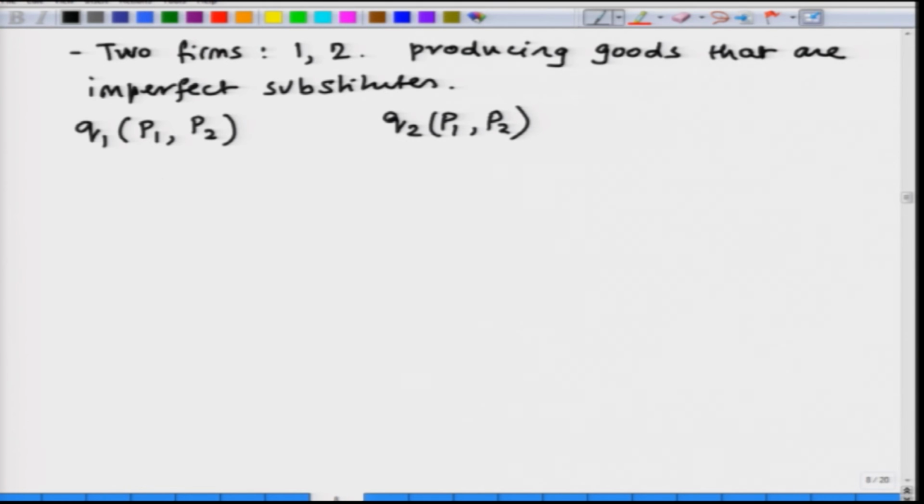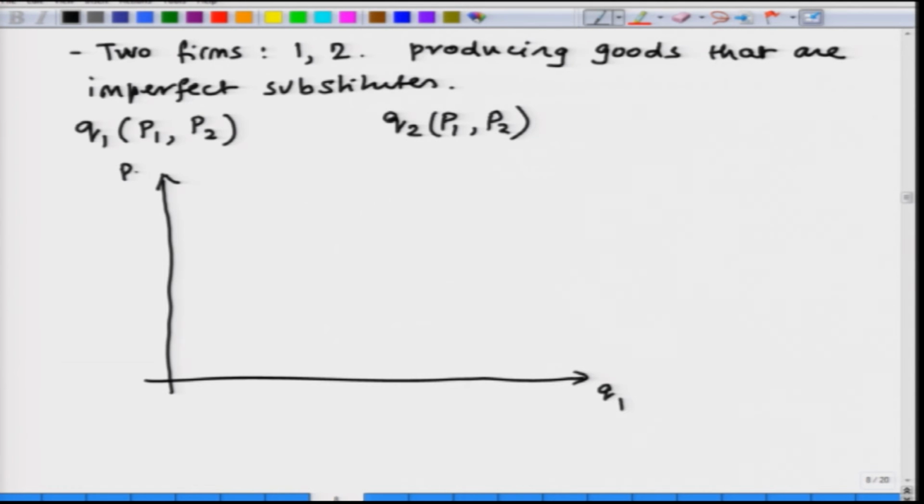Now, let us look at firm 1's Q1 and P1. With respect to its own price, I have the standard downward sloping demand curve. Let us say the price of firm 2's product is P2A. If firm 2 were to price its product at a level P2A, I can get firm 1's demand curve.